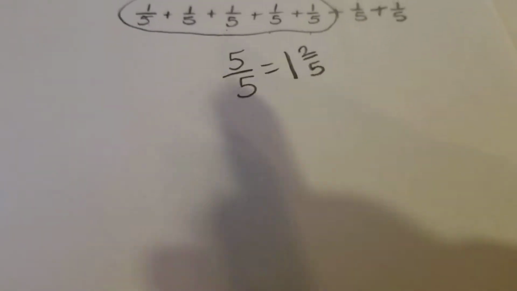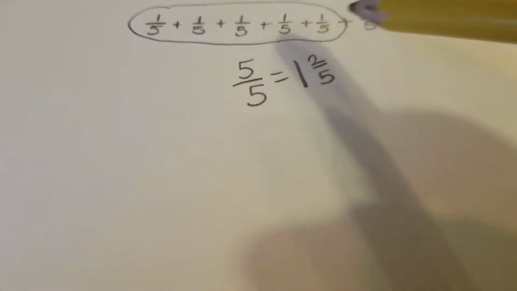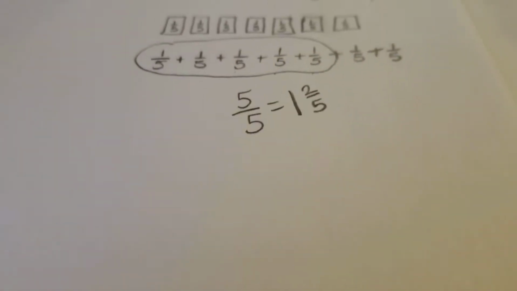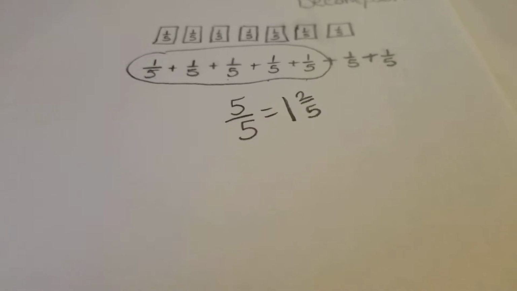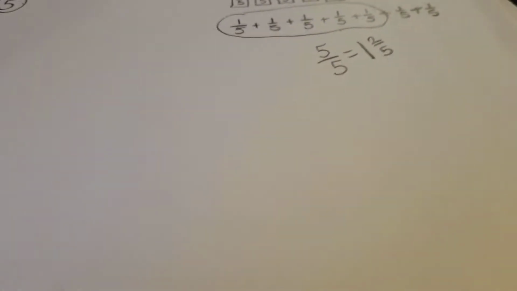Another way that I can decompose, once I get familiar with the breakdown, this shows it all the way extended, but sometimes that can be a little much when you have larger numbers. So let's look at a larger one. Say I have 12/5. It will be a lot of work to write out 1/5 12 times.